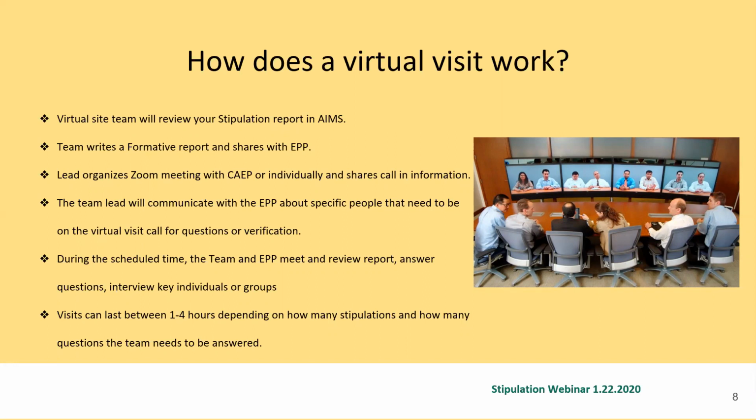Between the lead and the EPP, the schedule for the virtual visit will be worked out. Before the meeting, the team lead will let the EPP know where there are still outstanding questions, what still needs to be addressed, and who they might need to interview.